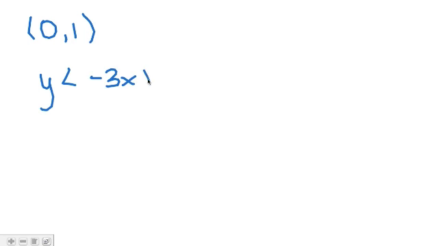Okay, let's try this one here. We have a solution of (0, 1). y is less than -3x plus 2, and y is greater than or equal to x minus 1. What is my y? My y is 1, and we need that to be less.